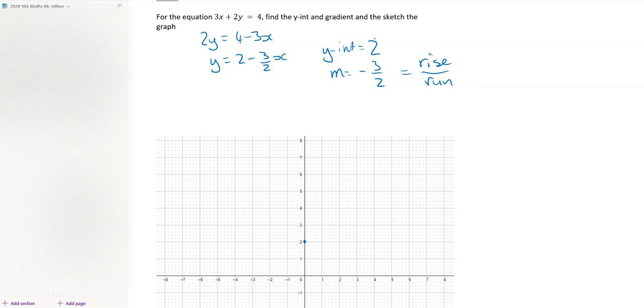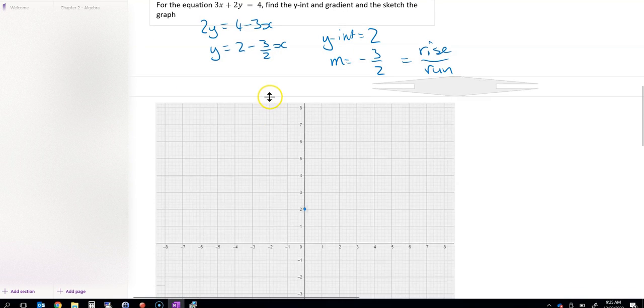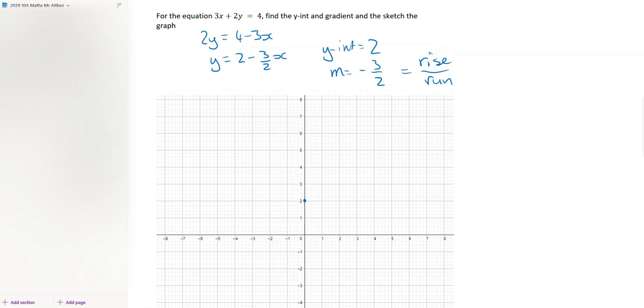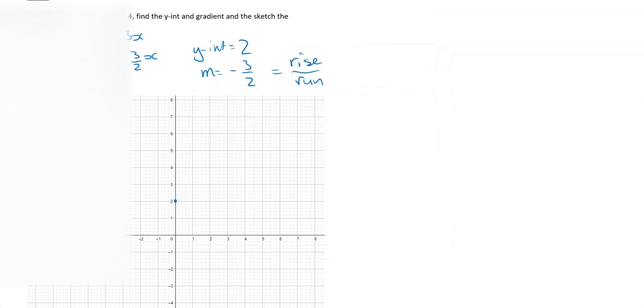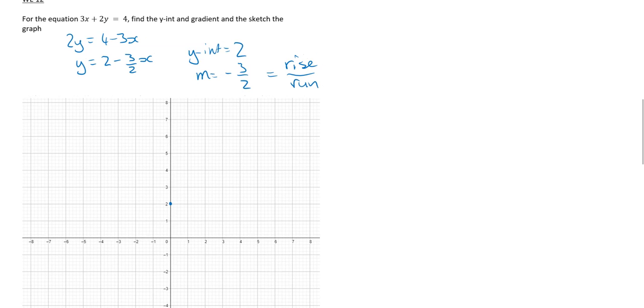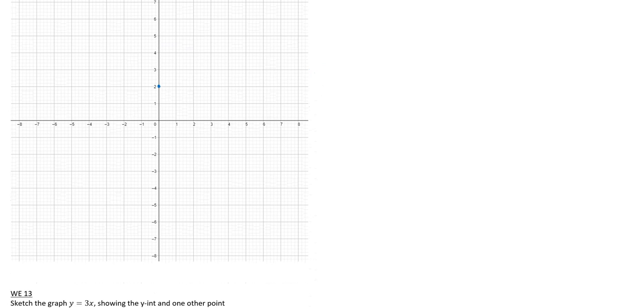By my gradient, I'm rising by how much? Minus 3, so technically I'm going down by 3: 1, 2, 3, and running by 2. So there's my next point.